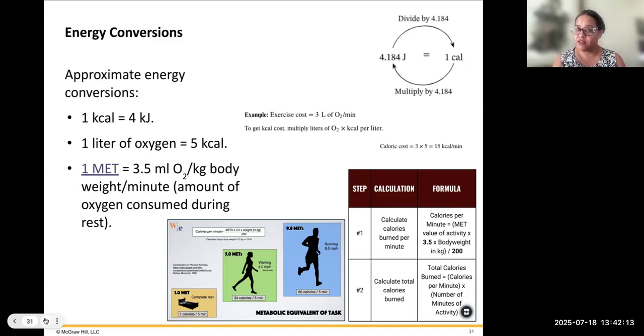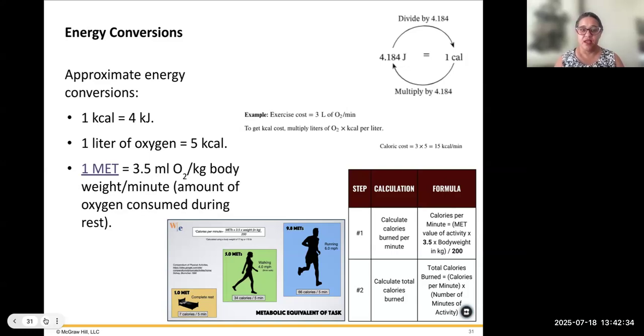So if the exercise cost is 3 liters of oxygen, this is the example in the middle, to get the kilocalorie cost, we just multiply the liters of oxygen by the kcals per liter. So 3 liters of oxygen times 5 kilocalories equals 15 kilocalories per minute.